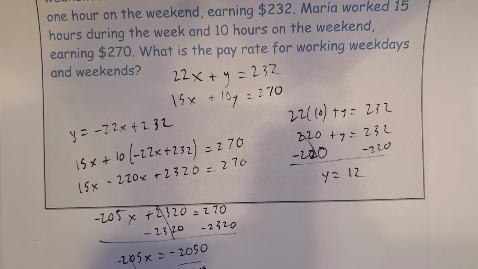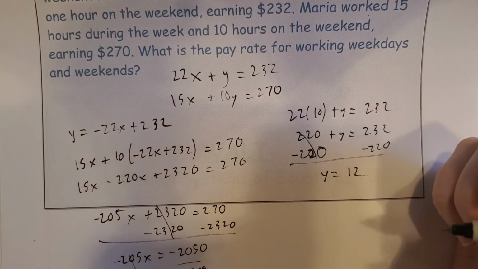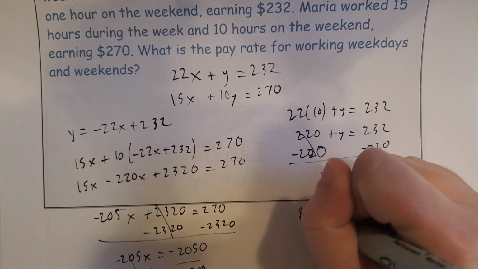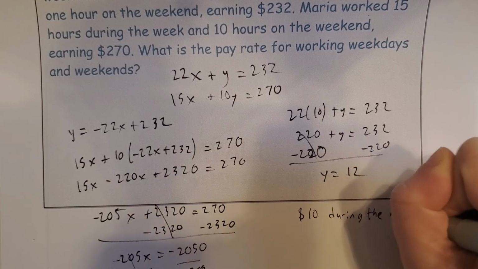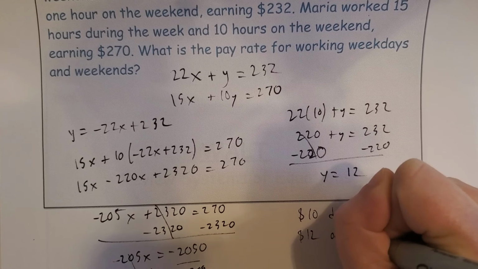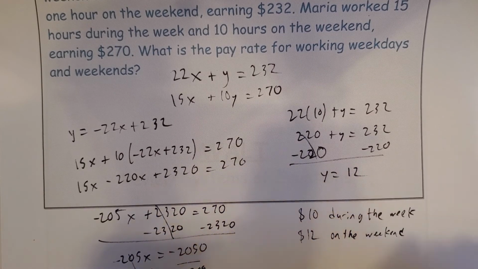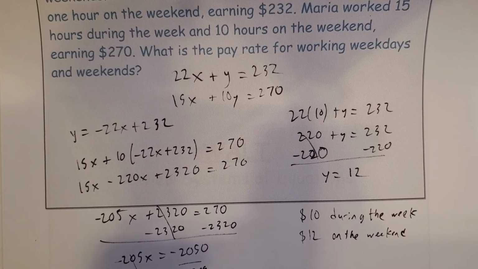So let's see, what is the pay rate for working weekdays and weekends? This one's probably going to be a little bit long in terms of how we have to phrase it. It's hourly rates, you know, rates during the week and on the weekend. So it would probably be $10 during the week and $12 on the weekend. I'd probably even add something like $10 per hour during the week and $12 per hour on the weekend.